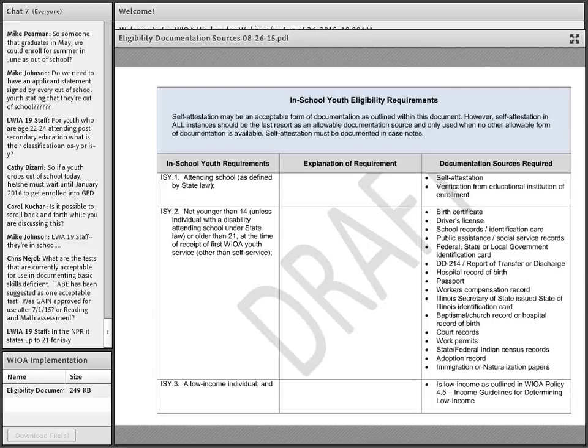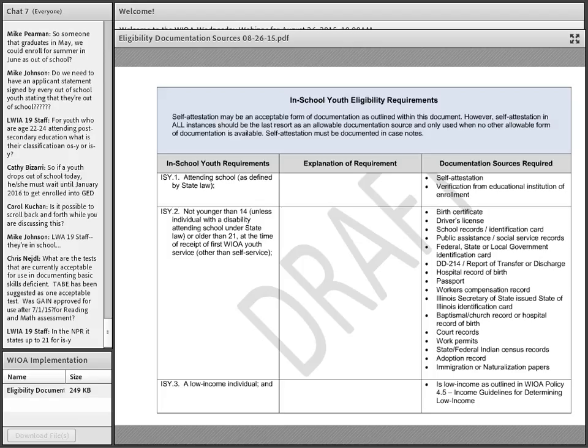Sorry about that. One of the differences also for in-school youth, you'll notice offender is the barrier. If you look back at out-of-school youth, it's actually not titled offender. It's titled subject to the juvenile or adult justice system. So there's a little bit of difference there.